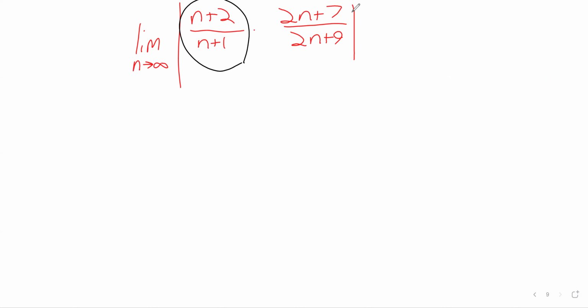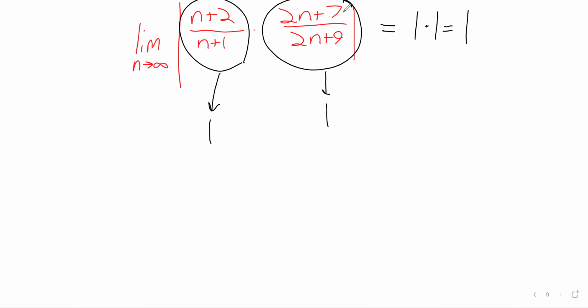The limit of a product is the product of the limits. Assuming that these limits exist, we can just take them separately. And both of these is a less than a minute L'Hopital's rule problem. They're both going to 1. So this is going to 1 times 1, which is 1.